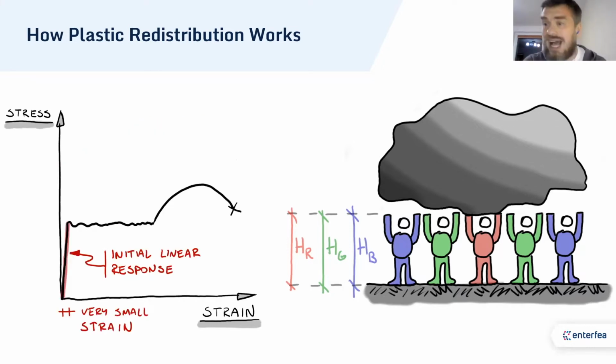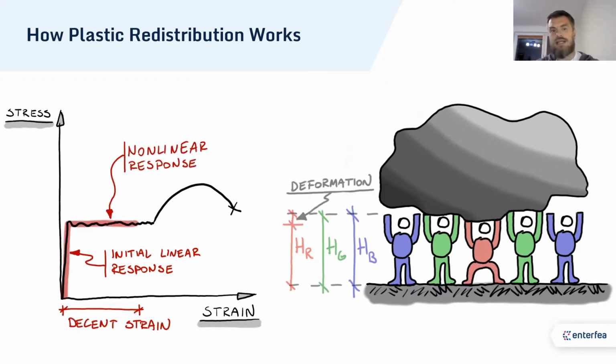So how this works in reality is that initially the red guy responds in a linear way until you reach yield. And then note that nonlinear response in this case means that after reaching yield stress, the guy can kneel, so the strains, the deformation, are free, while he still transfers as much load as he was before the plasticity happened, right?